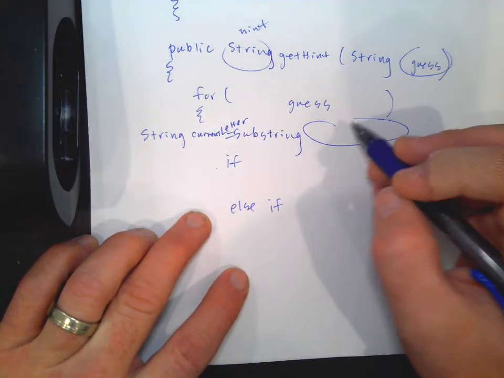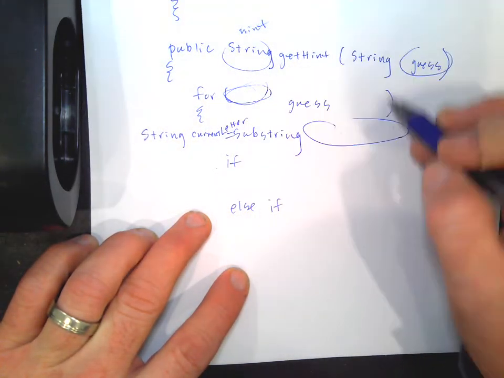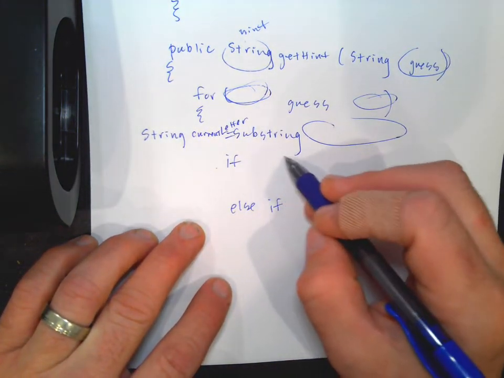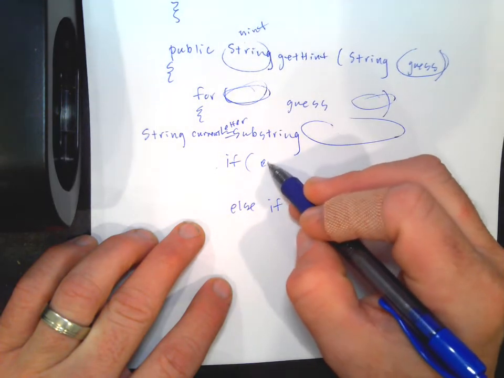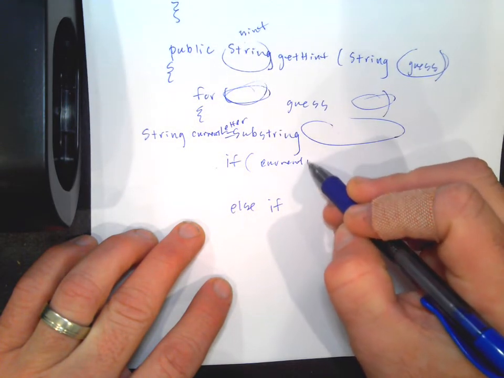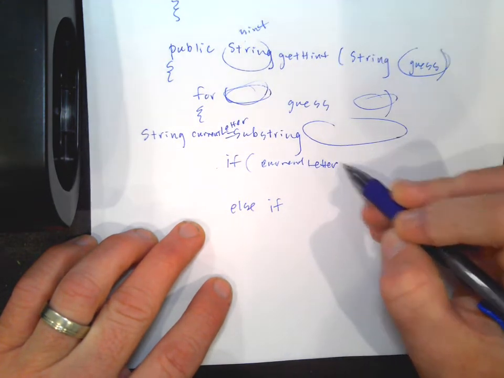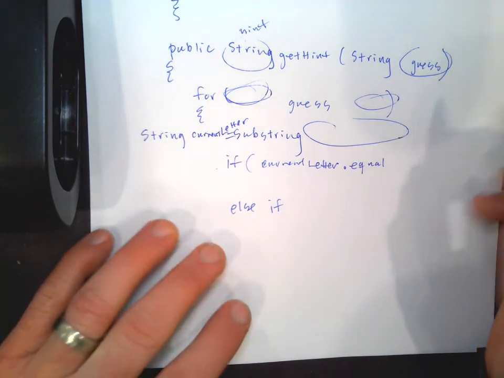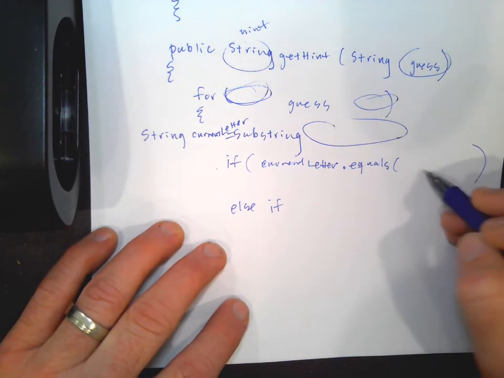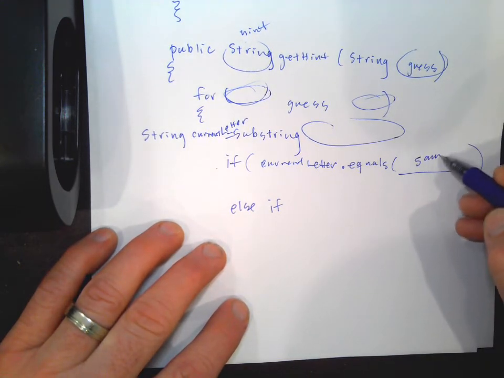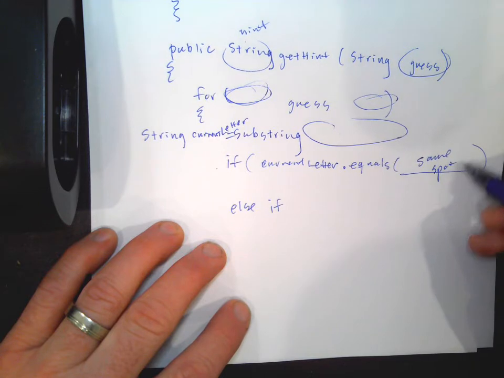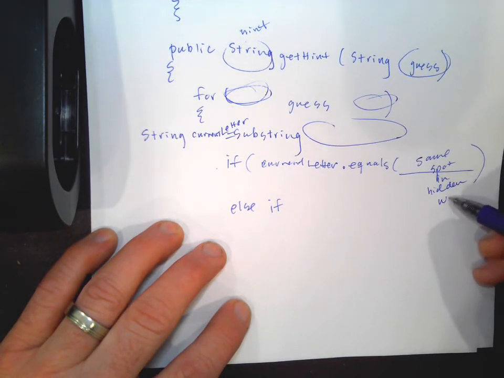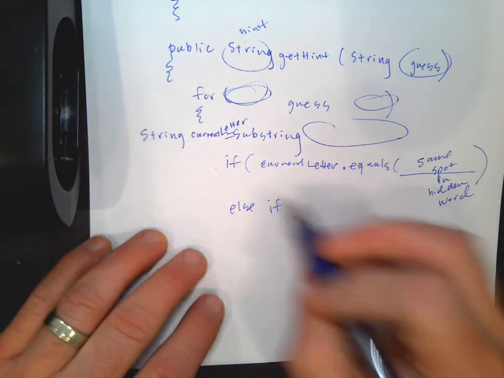So substring, you're going to have to use your index or whatever, okay, to pull that letter out. But we want to compare the current letter, right? The current letter dot equals, letters are, we're still treating them as strings, dot equals the same spot in the hidden word, right? Same spot in the hidden word. That would be, they got the letter right.